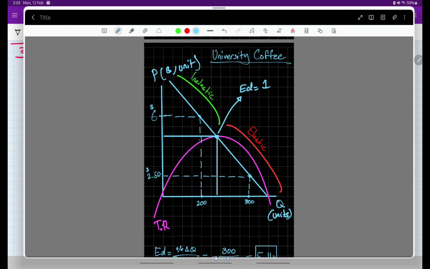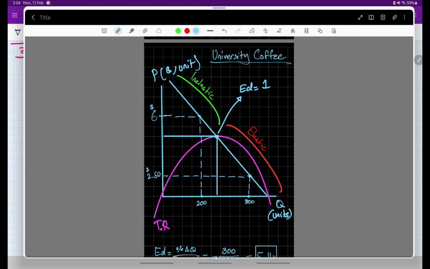So this is a parabola, the shape, so it'll be x squared. But that's your total revenue curve, right? That is now in the elastic side of the demand. So you're getting everyone that's elastic for their prices of coffee, or views coffee as an elastic product, which is for sure uni students.